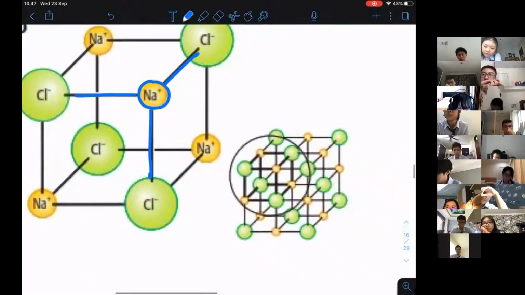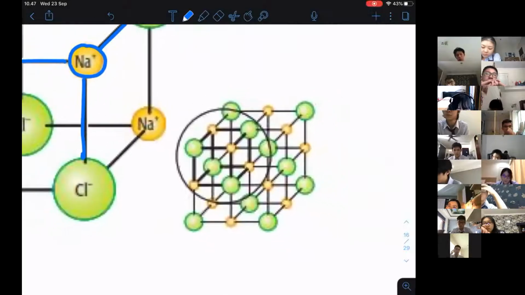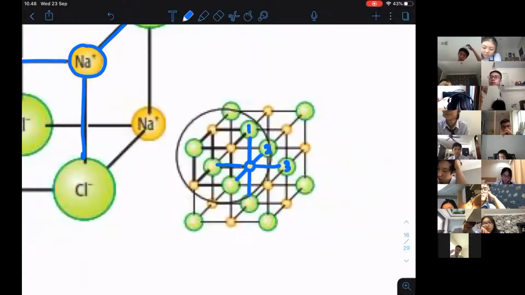But do remember, we take from this bigger diagram. If I go to something in the middle, this is going to be an Na+. You can see that it has this one, this one, this one, this one, and this one. So 1, 2, 3, 4, 5, 6.